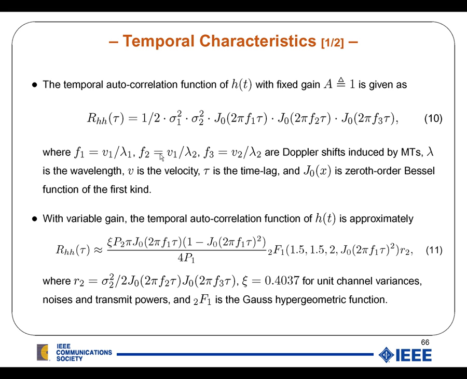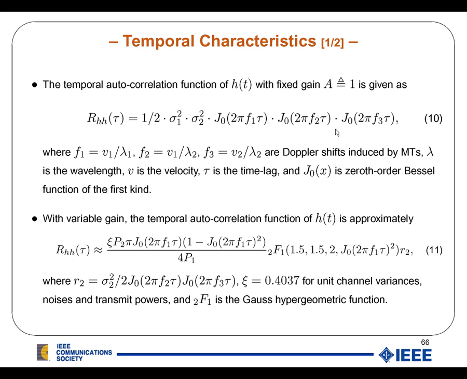Then it retransmits that signal transparently. It still moves at the speed v1, but of course must use a different wavelength lambda 2, from which stems that factor here. Finally, the signal is received by my target terminal, which moves at speed v2 and uses the same carrier frequency as we had used before, and this leads to that coefficient here.